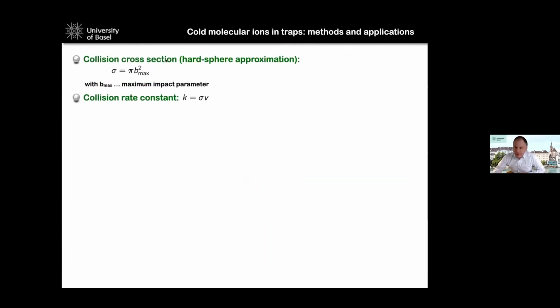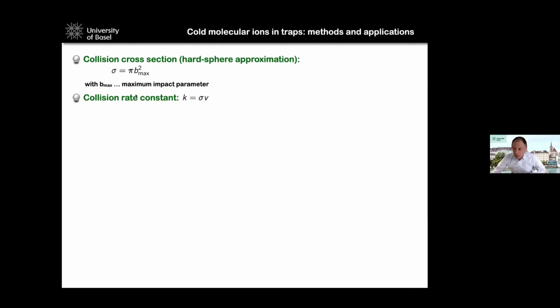Okay, so what one is also interested in is, of course, cross sections, right? And in a simple hard sphere approximation, the billiard ball game, if you like, one can express the cross section simply as pi times b squared max. And this b max is the maximum impact parameter at which a collision still happens.